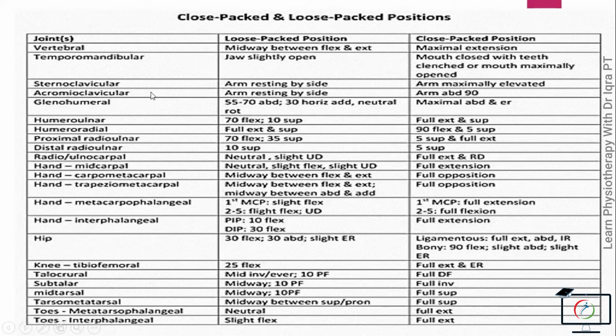In the acromioclavicular joint, the arm resting by side is a loose back position, while abduction of the arm at 90 degree is the closed back position. At the glenohumeral joint, 55 to 70 degree of abduction, 30 degree horizontal adduction and neutral rotation is the loose back position, and the maximum abduction with external rotation is the closed back position.